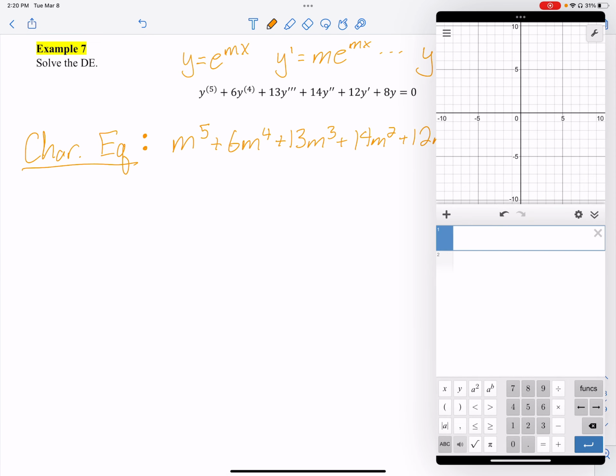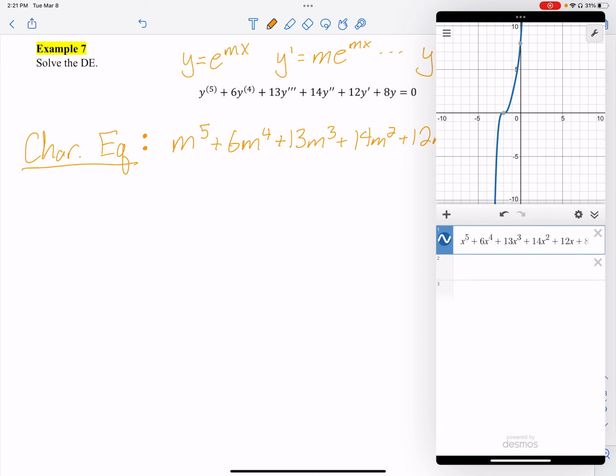All right, so plugging this in, I got x to the fifth plus 6x to the fourth plus 13x to the third plus 14x to the second plus 12x. And then the last thing is plus 8.